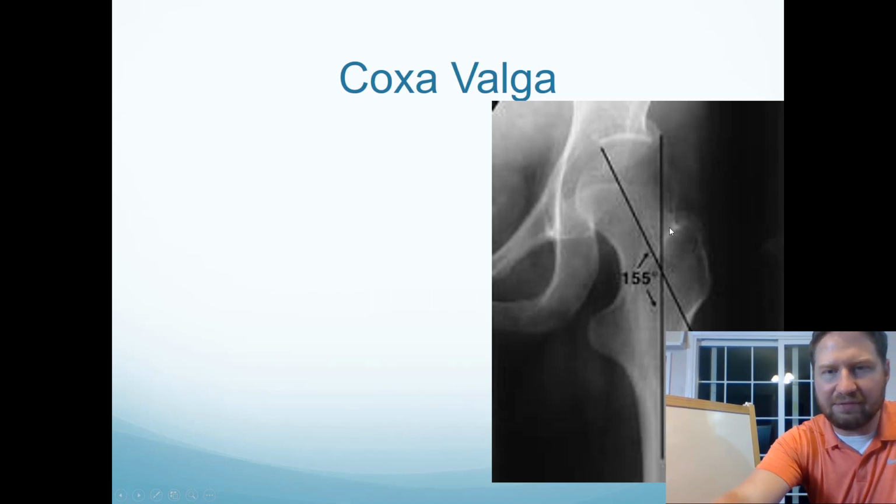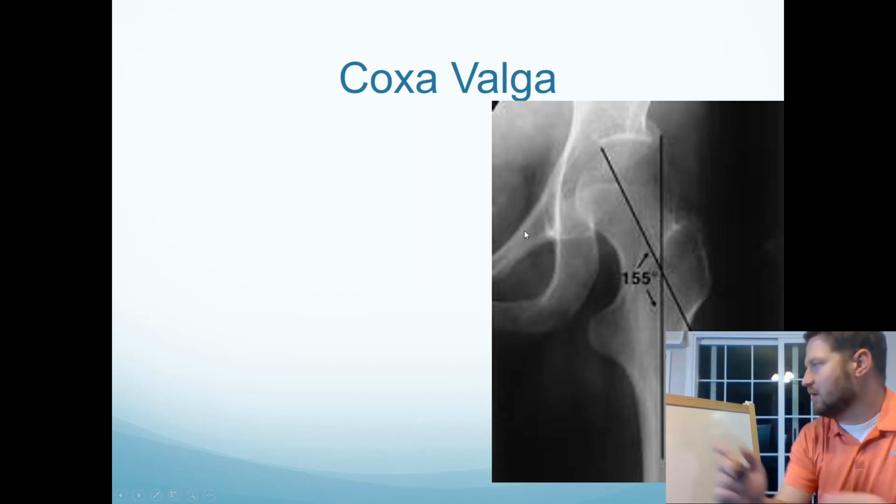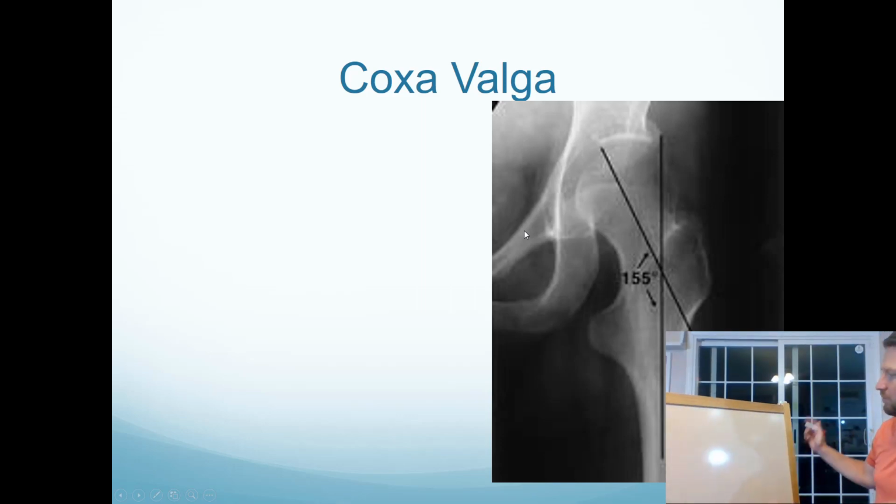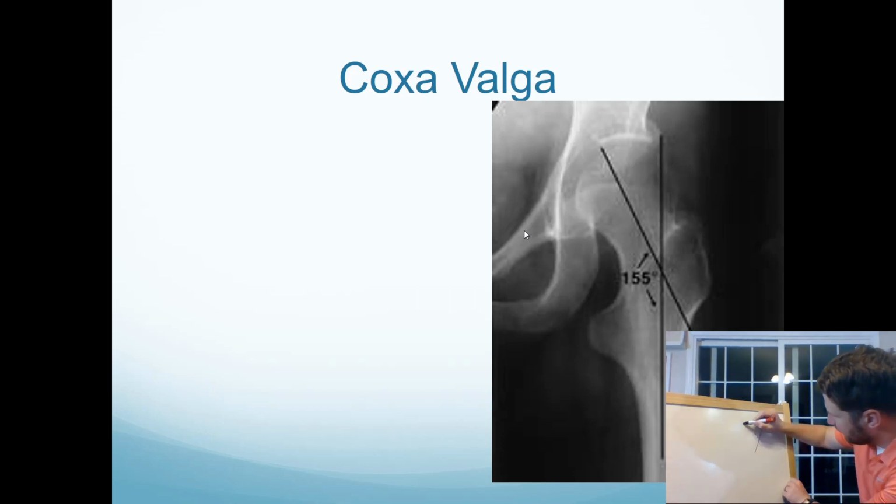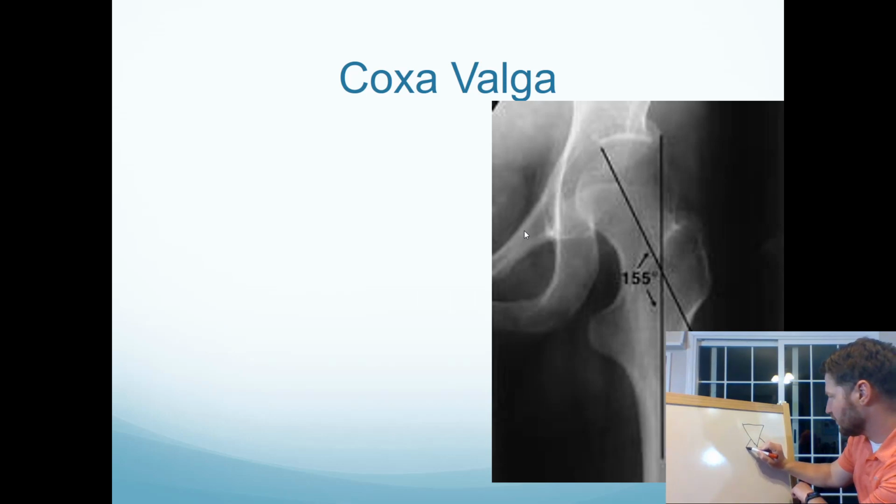You see that femur is kind of at a different position. We can't really see it because we don't know what the orientation of the pelvis is. Okay? But if I draw my pelvis on my whiteboard, again, I like to draw my pelvises as a triangle. Okay? And you have your two femoral necks coming out at roughly the same angle.